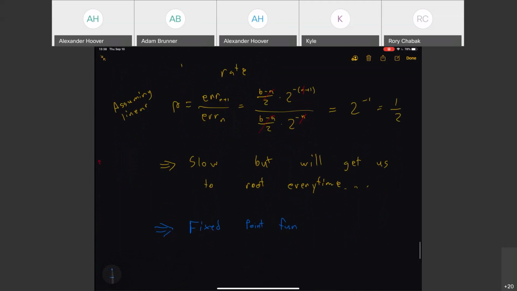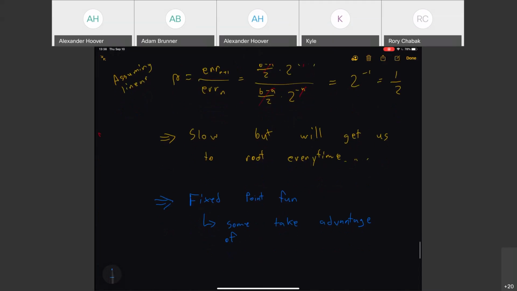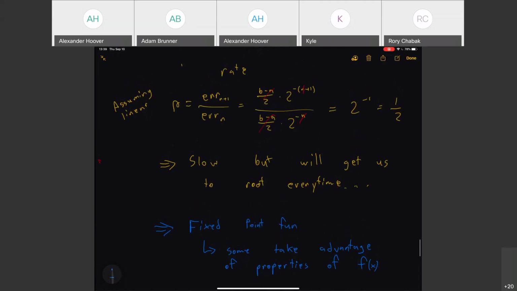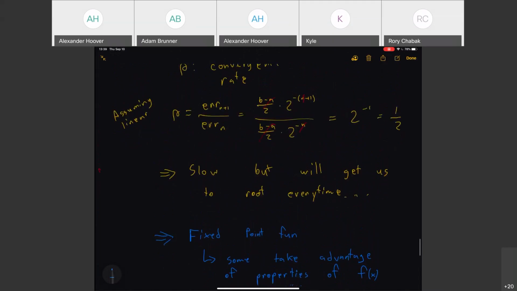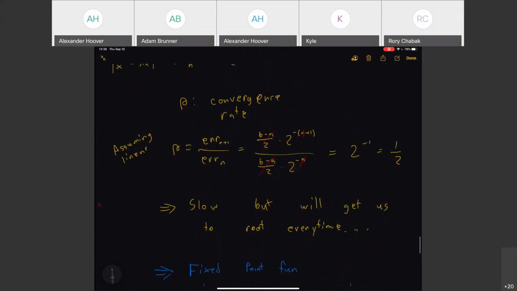We have versions of fixed point methods that take advantage of our derivative, or rather of properties of f, whereas in these sections we've really not done much. We've only talked about the domain.